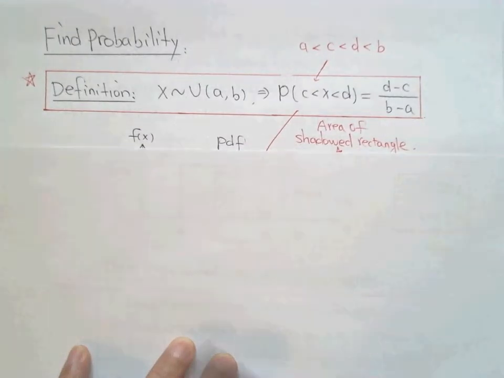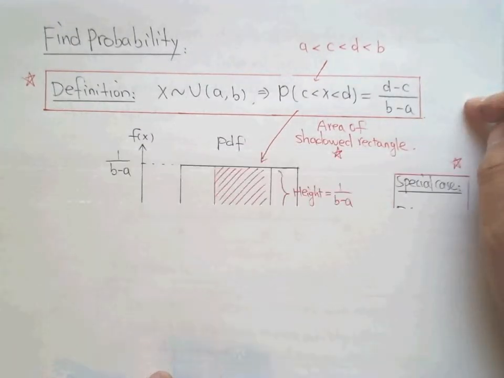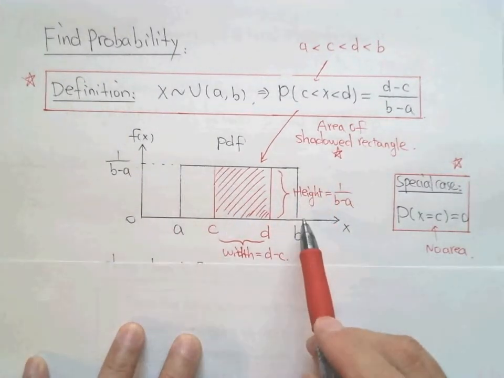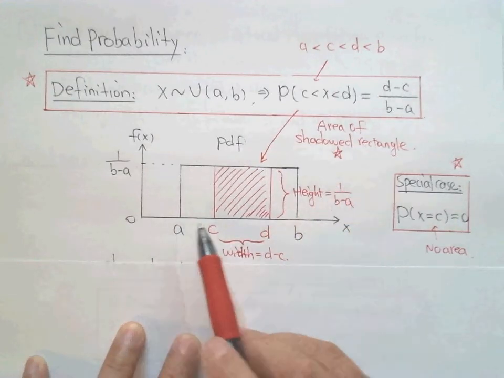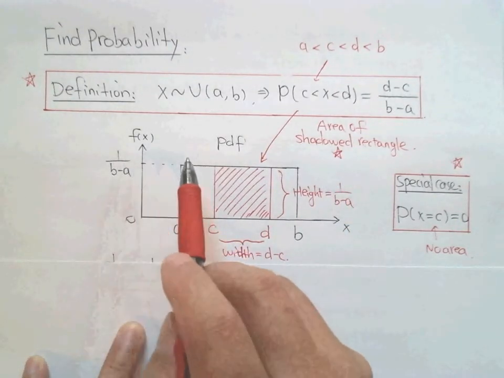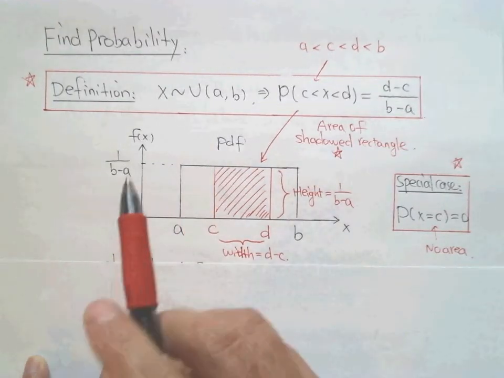It's a shaded rectangle. Why? Now we look at this. Remember this big box rectangle from A to B, and its height is 1 over B minus A. That's the definition of the PDF of a uniform distribution.